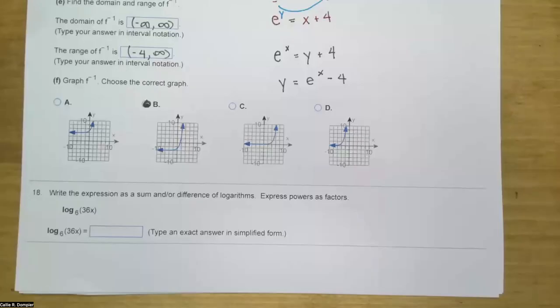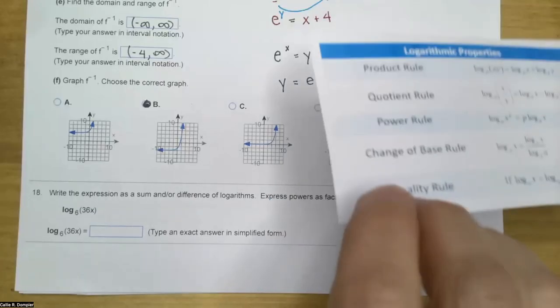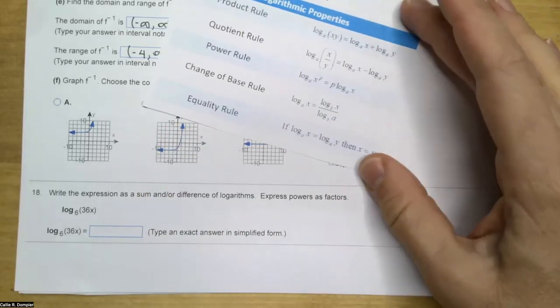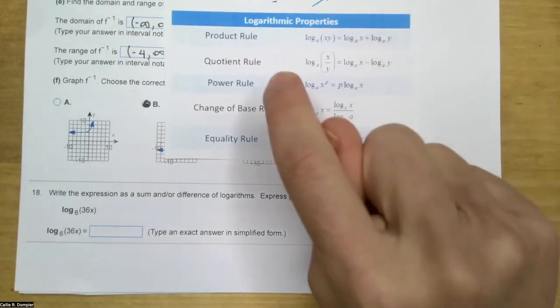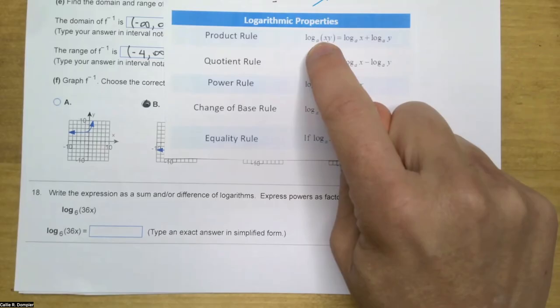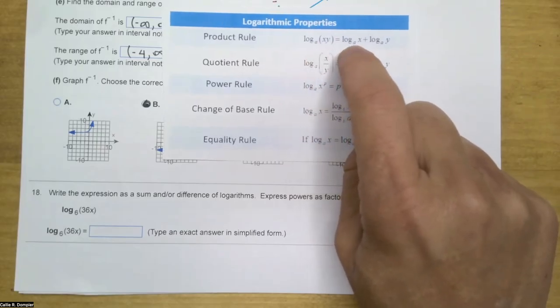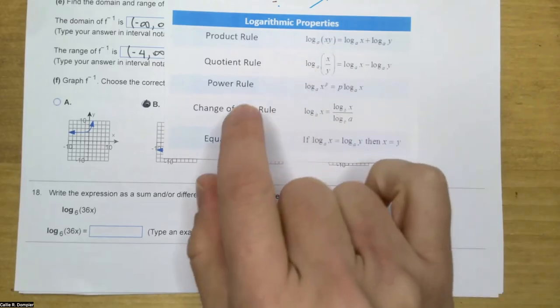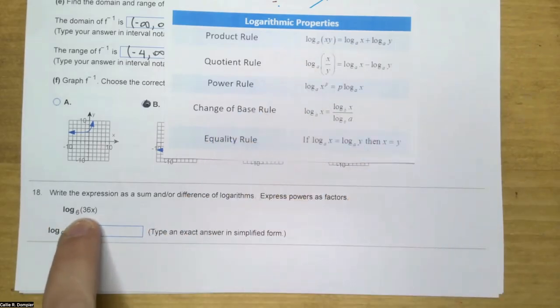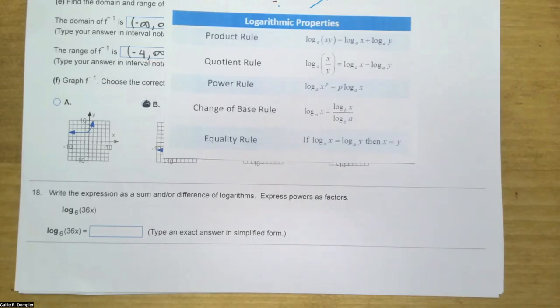All right, for this one, we want to remember the logarithmic properties. So we have the product rule, which is that when they're being multiplied, the log base a of x times y is equal to the log base a of x plus the log base a of y. That's the one we would use here because it's log base 6 of 36x.